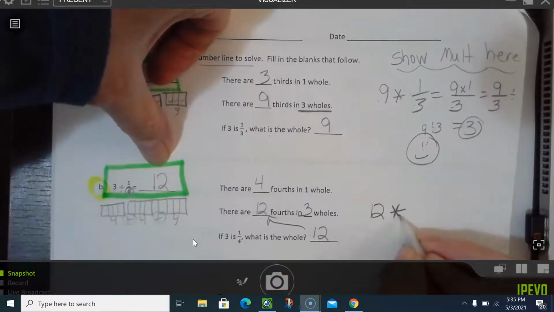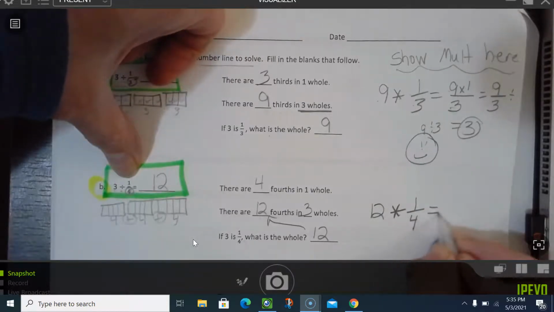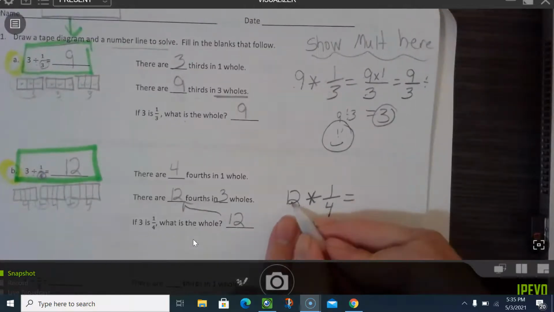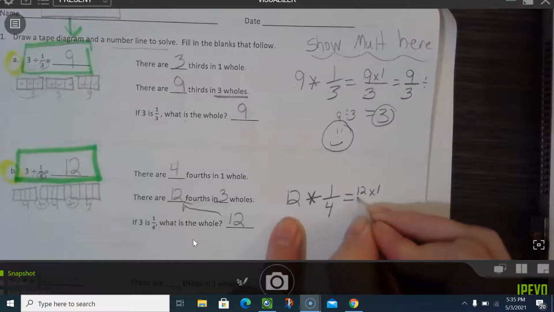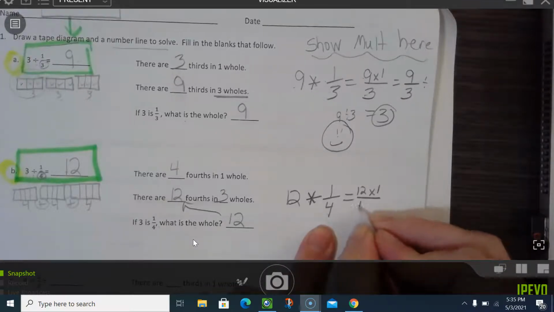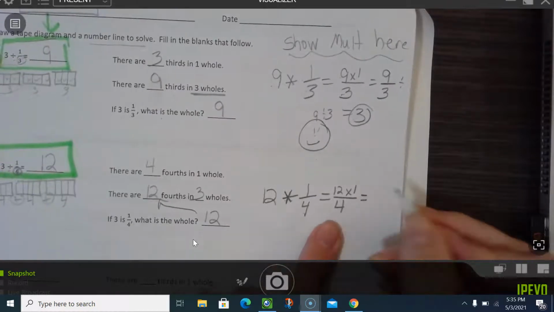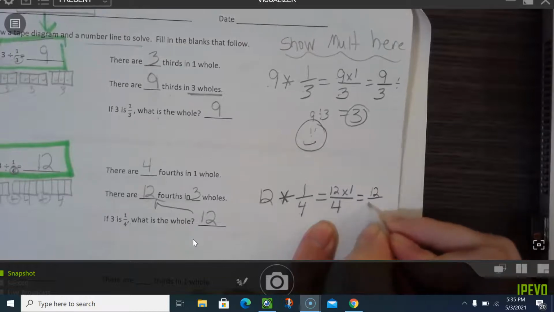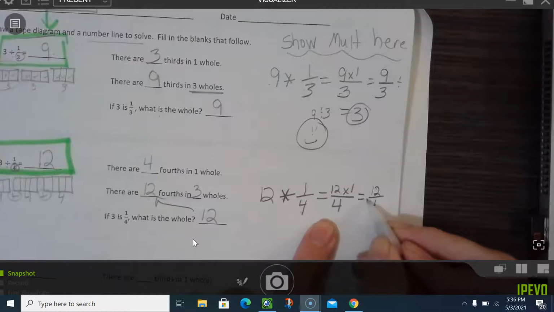So 12 times 1/4 equals, and then I need to express this as a fraction. So this means 12 times 1 over my denominator of 4. And then if I express 12 times 1 as the answer to that, it would be 12/4. And we know that this technically means 12 divided by 4.